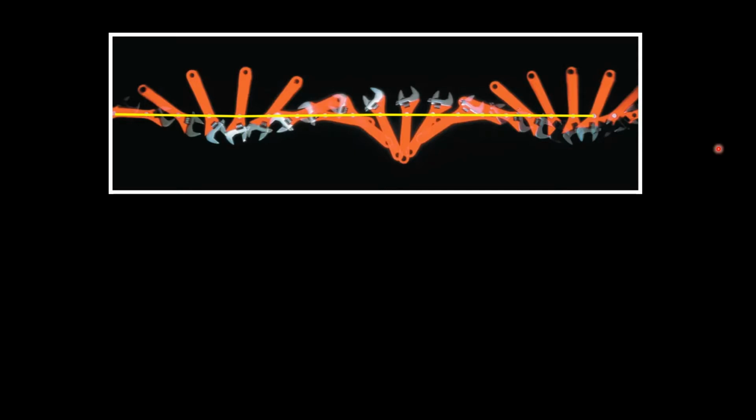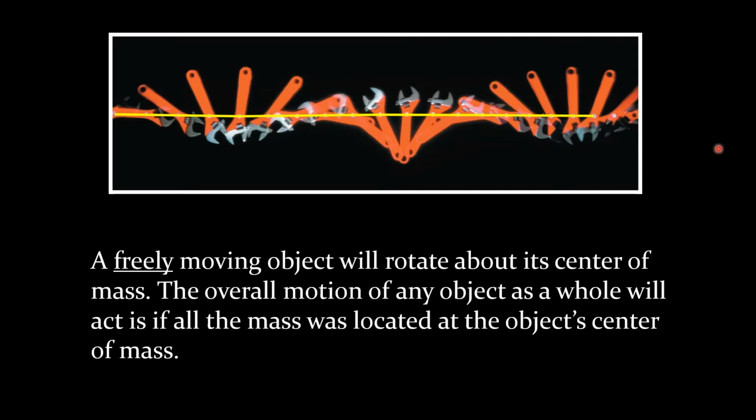And the observation we're going to take from this is that a freely moving object will rotate about its center of mass. The overall motion of any object as a whole will act as if all the mass was located at the object's center of mass. So what I'm saying is if we took this wrench and squished all of its mass down to a single ball, that ball would have the same motion as the center of mass for the wrench when it's fully shaped like this.